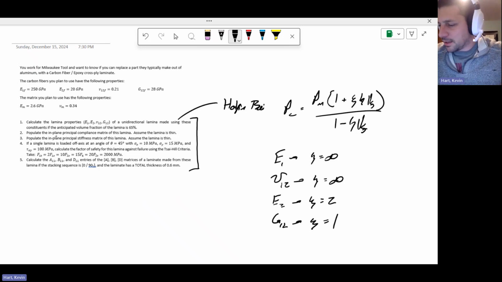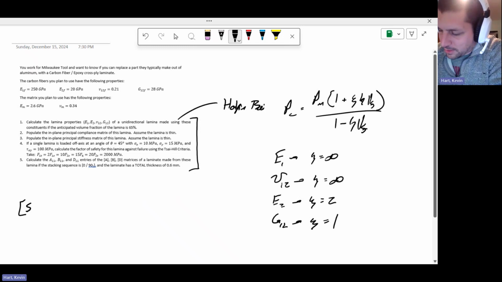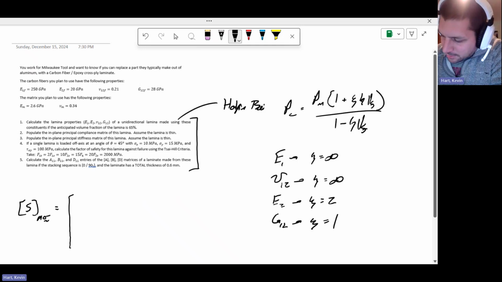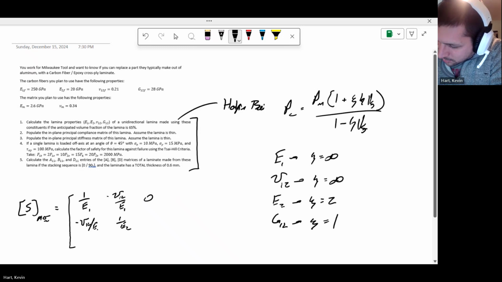Next, populate the in-plane principal compliance matrix of this lamina. All right, so the in-plane compliance matrix is a 3 by 3. I'm not going to ask you to do anything related to 6 by 6. So this is a plane stress compliance matrix, a 3 by 3. And once you have lamina properties, this is pretty straightforward. The 1,1 entry is 1/E1, then -nu12/E1, then 0; next row -nu12/E1, 1/E2, 0; and 0, 0, 1/G12.